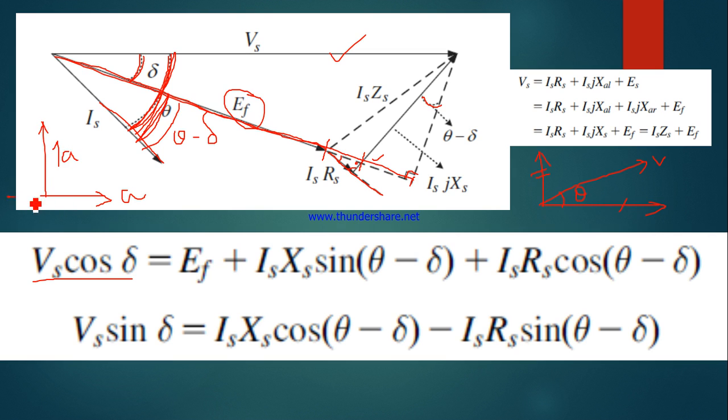Again, if I multiply it by J, that is J square A, which is basically minus A. You see, A plus A is like this, minus A is like this. So if you see the equation with IS, one JXL term is there. Once it is multiplied by J, it is rotated by 90 degrees.